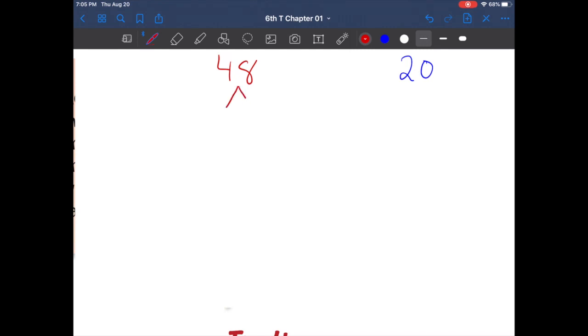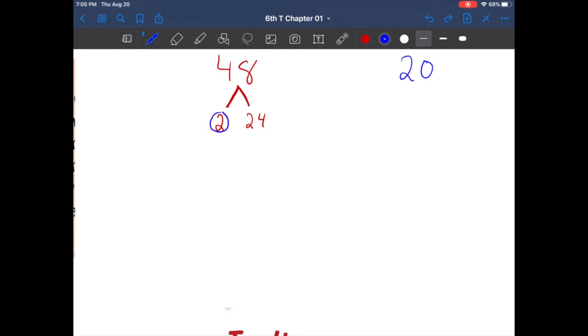So I usually like to start with the easiest numbers that I can think of. If you can think of easier numbers, there's no wrong way to do it or no wrong numbers to choose as long as you're choosing your prime numbers. So I'm going to start with 2 and 24 because I know that 2 times 24 is going to give me 48. Okay, so I chose my 2 factor pairs.